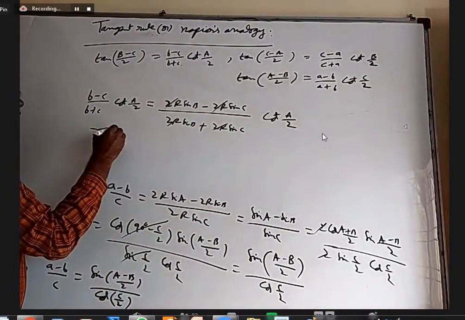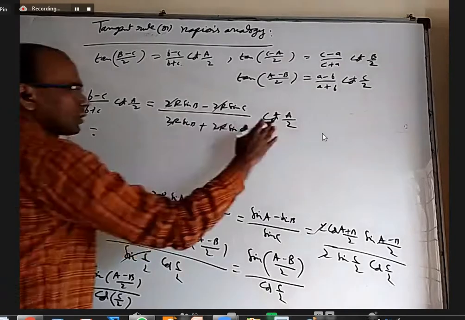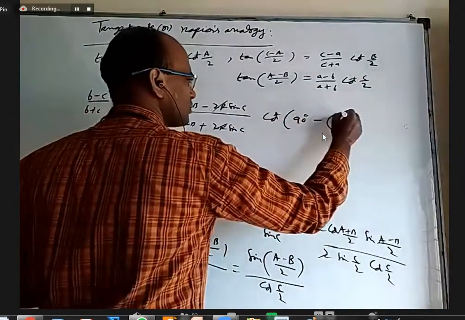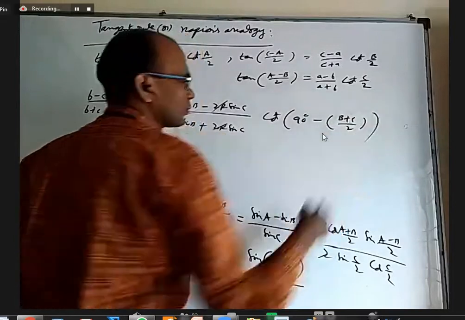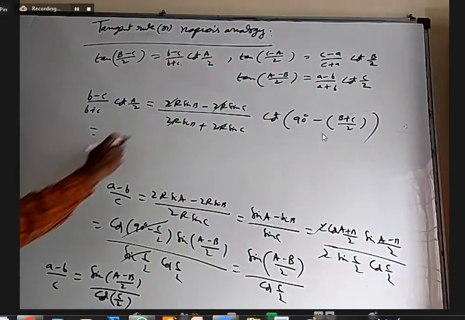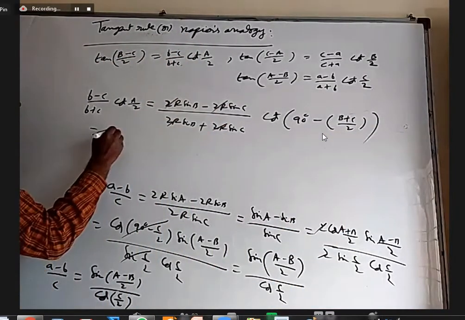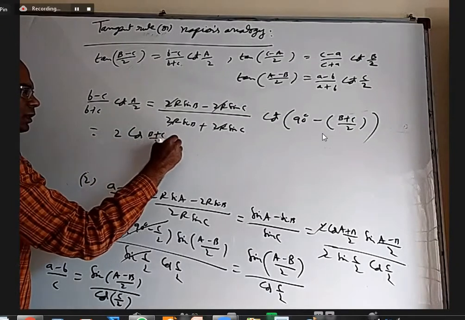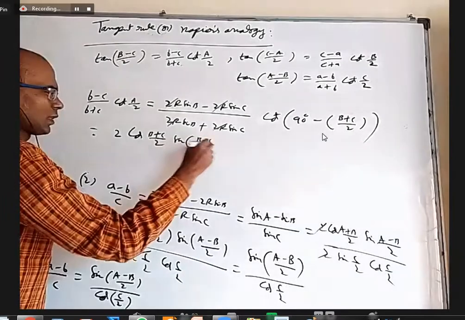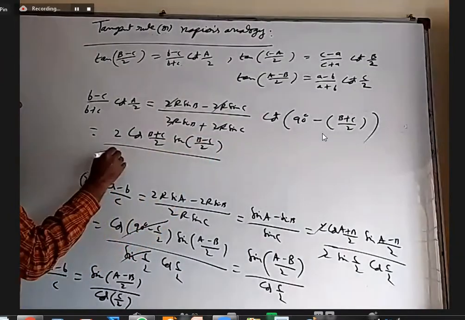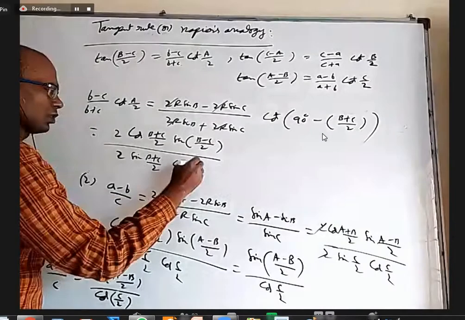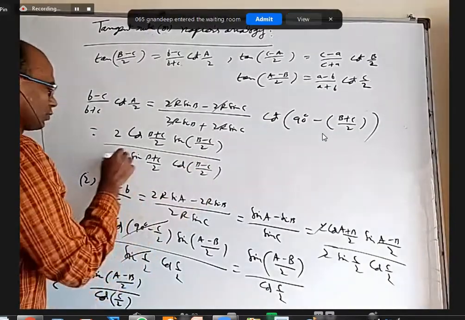Sine B minus sine C, and this I'll write as cot (90 degrees minus (B plus C)/2). By transformations, sine B minus sine C is 2 cos (B plus C)/2 sine (B minus C)/2, and sine B plus sine C is 2 sine (B plus C)/2 cos (B minus C)/2. The 2s cancel.